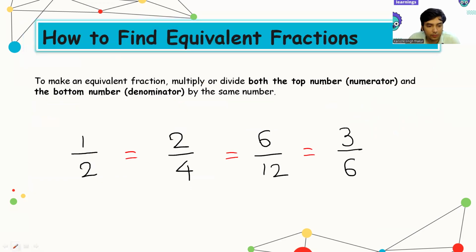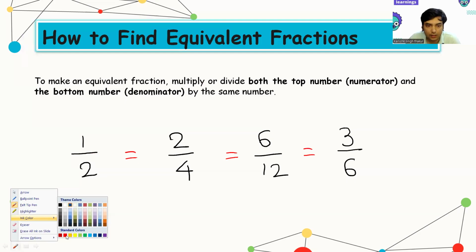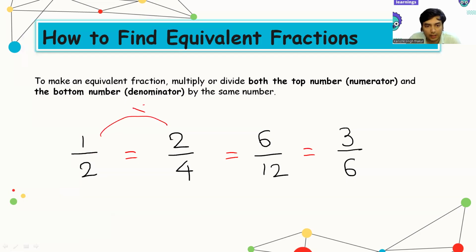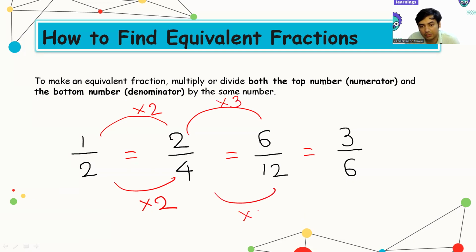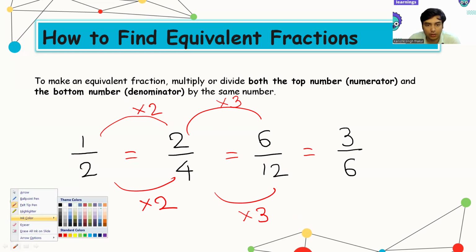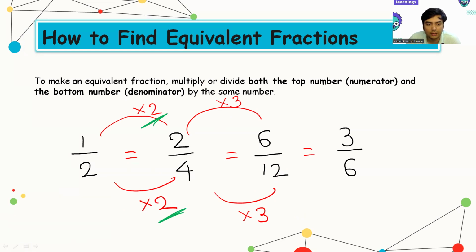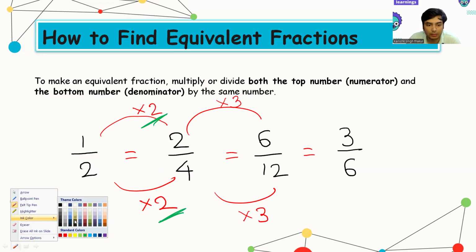In the same way, suppose you have 1 half. You can multiply the numerator by 2 and the denominator by 2, so you get 2 over 4. Now 2 over 4, you can multiply by 3 on top and bottom, so you get 6 over 12, right? Remember, you have to multiply with the same number; you cannot use different numbers in the numerator and denominator.